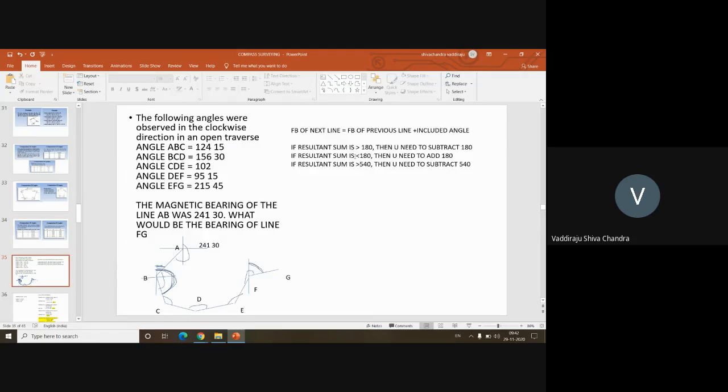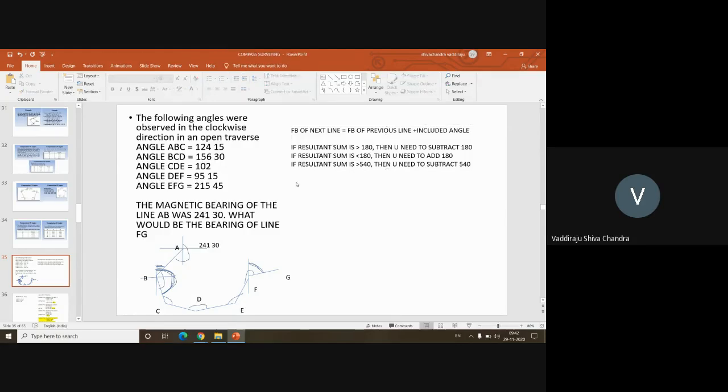Instead of forebearing of previous line plus included angle, you can also use back bearing of previous line plus included angle. Then you need not do these subtraction and addition calculations. But if you are using forebearing of previous line plus included angle, then the resultant sum should be either subtracted or added from 180 or 540. That is the concept behind this.